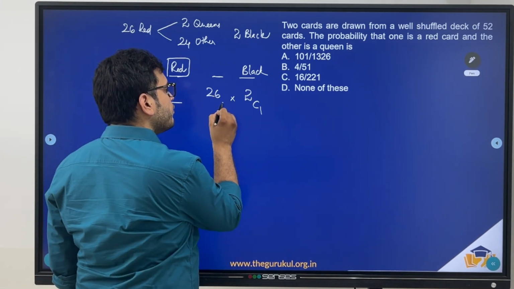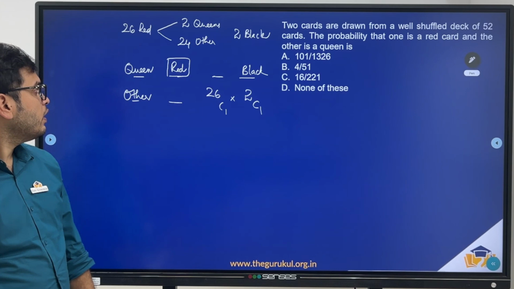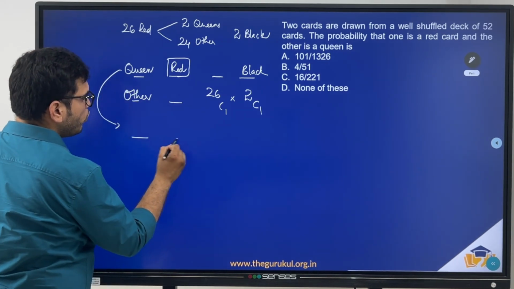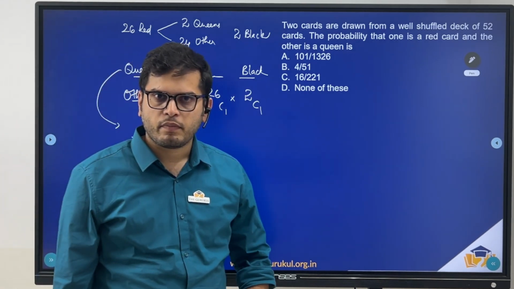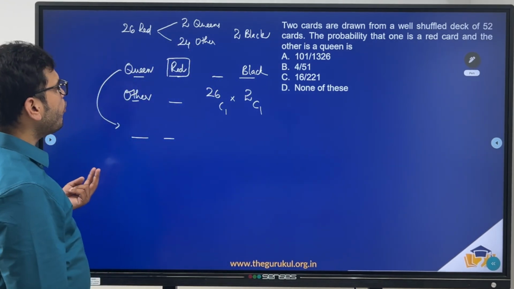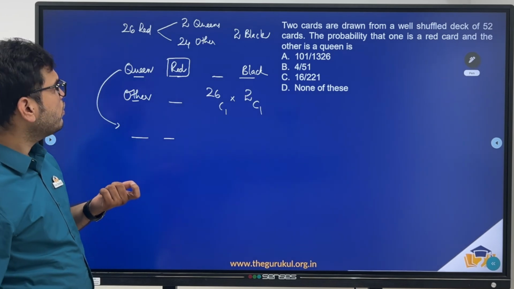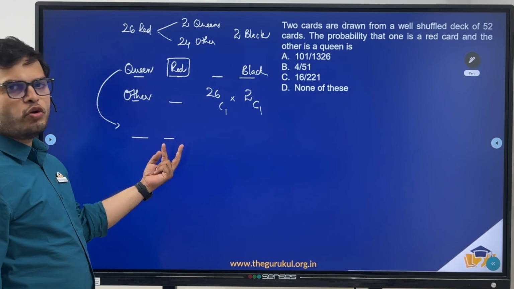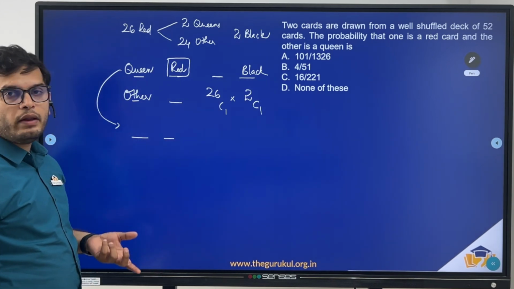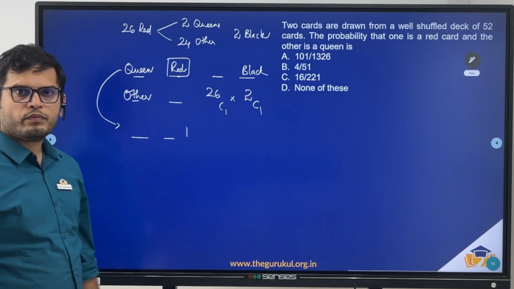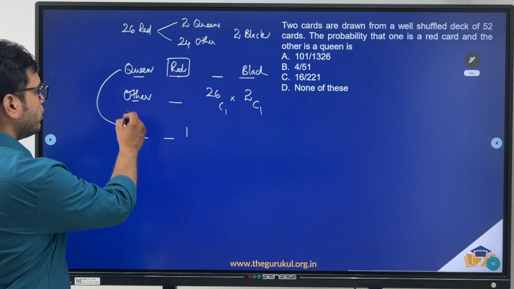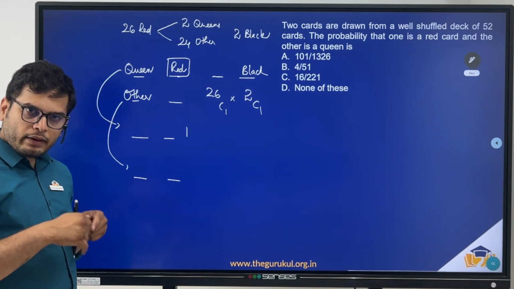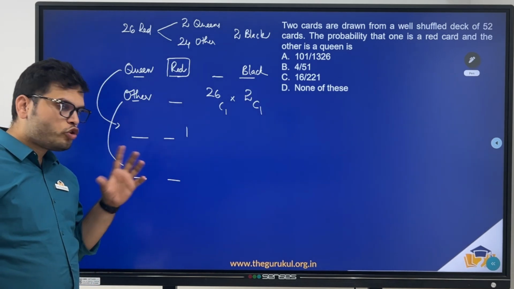So 26 C1. Done. Now coming to this possibility where both are queens, right? So you have only how many ways? One way, right? This should be a queen and this should also be a queen, and both have to be red queens. You have one way, right? Then what? This should be a red card other than queen, and this should be a red queen.